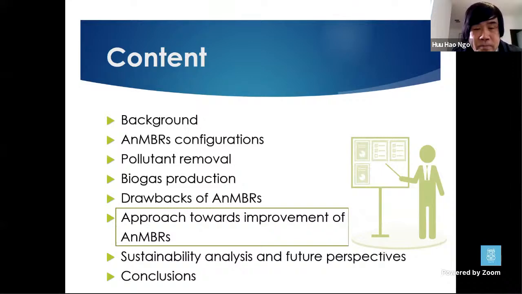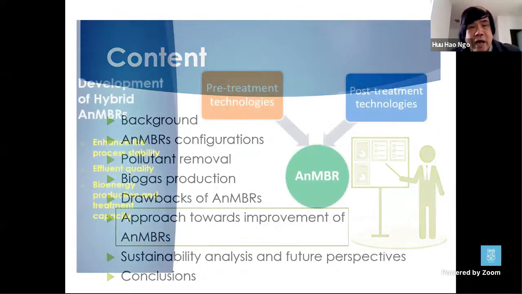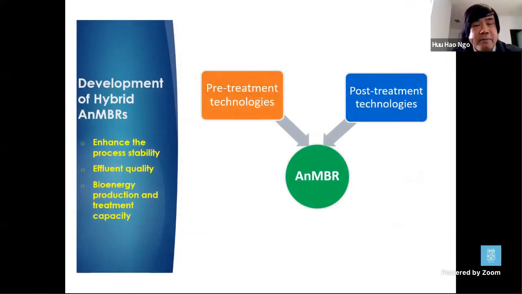Then we go to the hybrid anaerobic MBR. Why do we have to have a hybrid? As you know, a hybrid means we have combined different units together to make higher removal efficiency, I mean higher performance. The weakness of the anaerobic MBR is the removal efficiency.